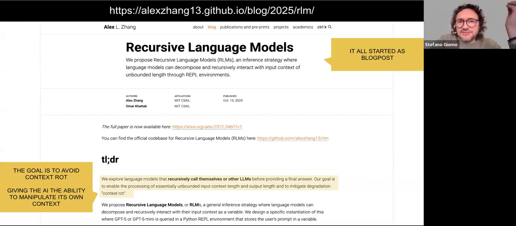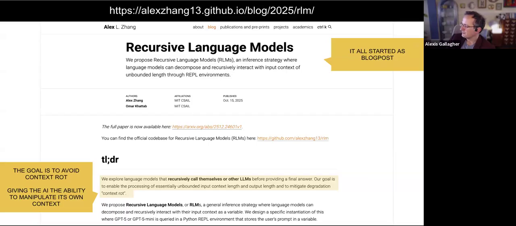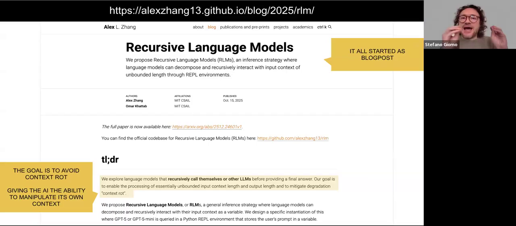So the core idea is having a way to let the system deal by itself with context compaction, instead of you telling the system /compact or trying to help the model solve the problem. The idea they're trying to propose is: I give the language model a general problem, and the language model has the ability to manipulate its own context in its own way.